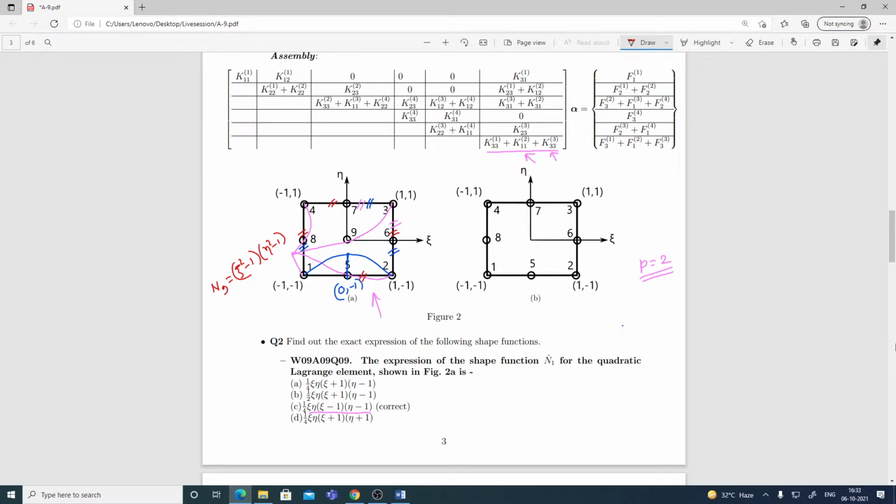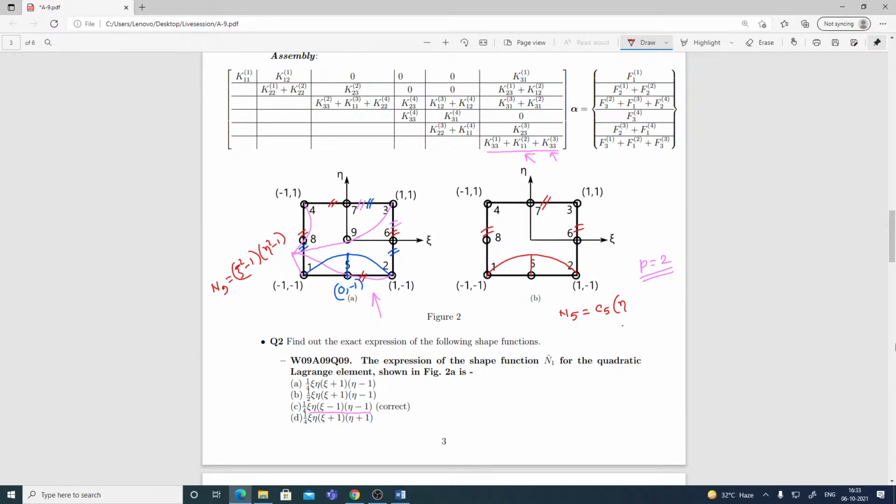First I need to find N5. N5 is 1 at its node and 0 elsewhere, varying quadratically: 0 here, here and here. The only thing is the internal node is missing. So for the serendipity element, N5 looks like this: C5 is the coefficient and it is 0 along xi equal to plus minus 1 and eta equal to 1.